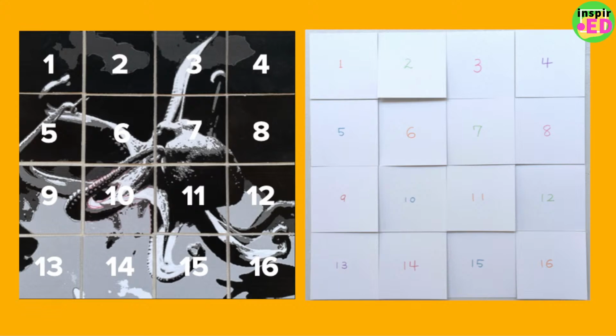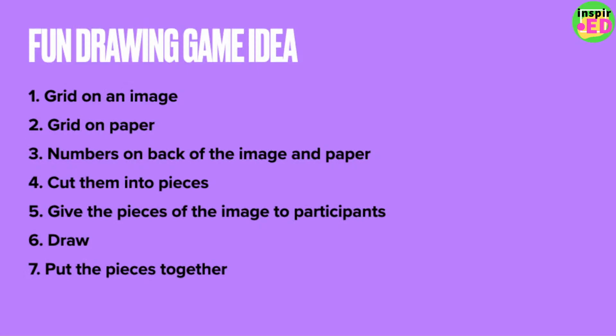I did that for class, but it might be easier to print it out, grid, cut, and also have the same proportion of paper, cut it up, number them in the same way between reference and paper, number the back on both sides, and cut them into pieces, and just turn them over and shuffle them and give pieces to whoever you're with, participants in this game, just randomly.